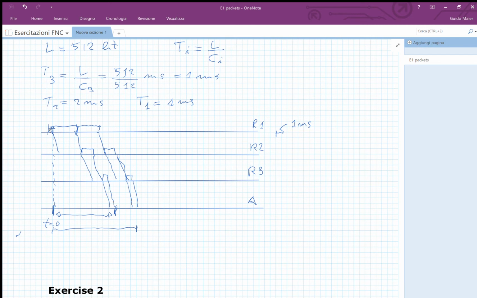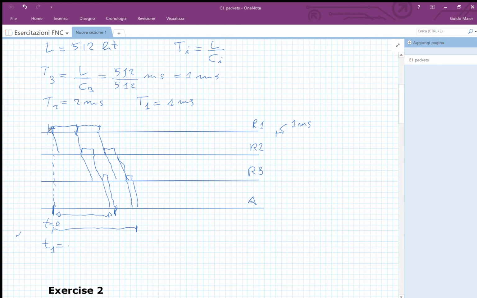So T, let's call it T1 for the first packet, is equal to the composition of all the segments that you can read on this axis. Okay?